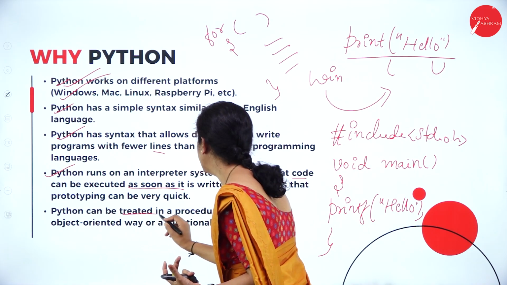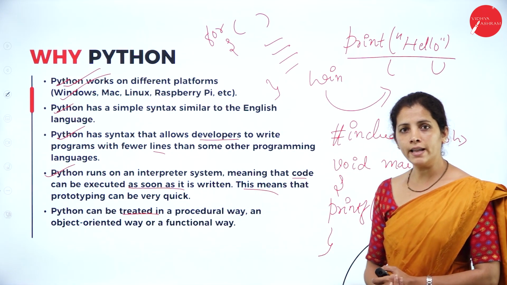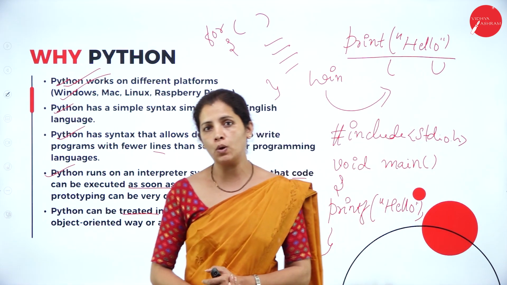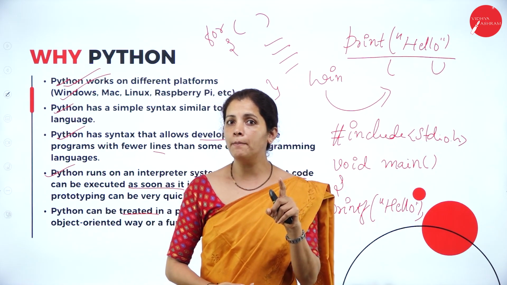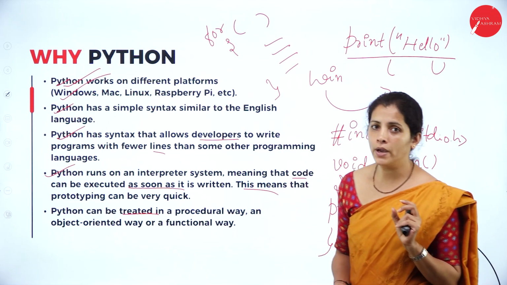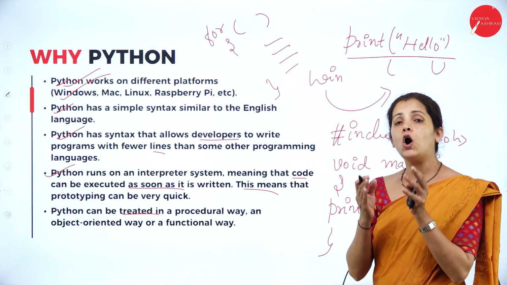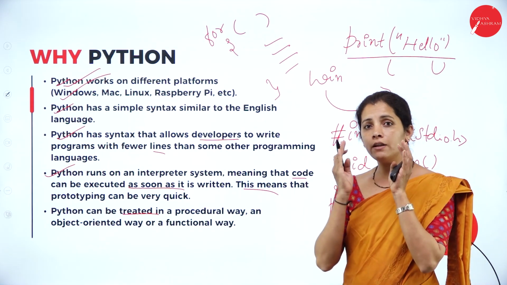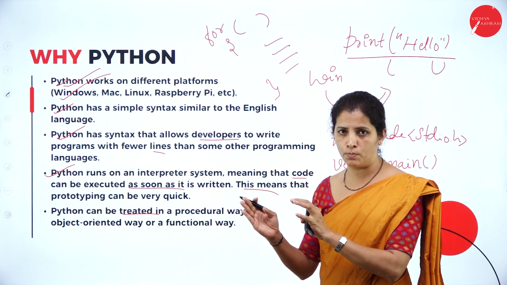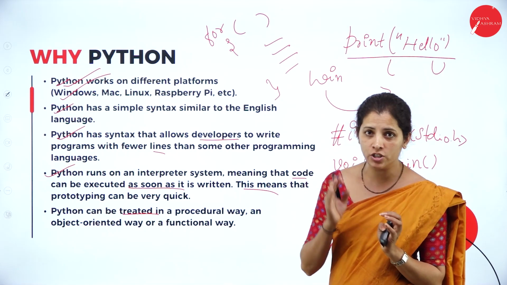Python can be treated in a procedural way. Okay, fine. Anyway, dear student, you already studied C programming. C programming comes under procedural programming language. So what is procedural programming language? The complex tasks are divided into smaller subgroup, and that is known as function or procedure.